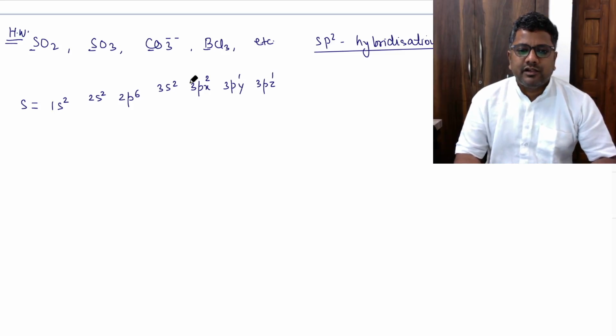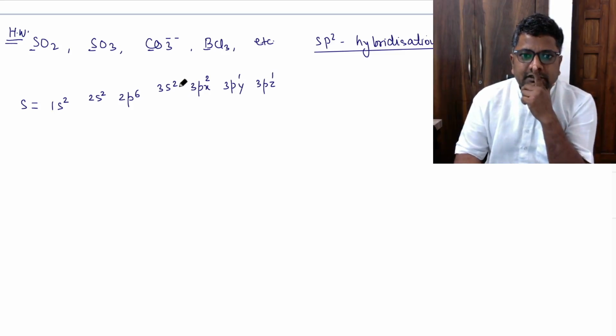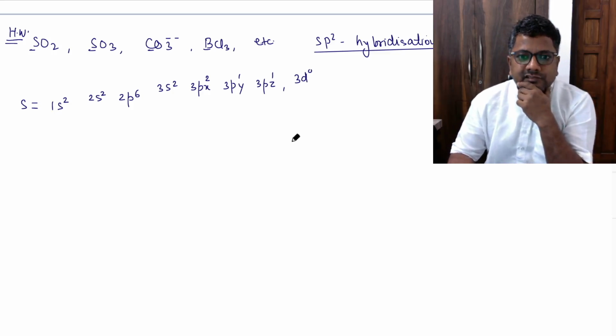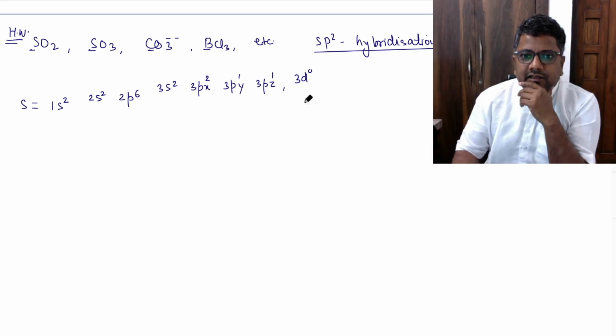So 6, 4, 10, 10, and 15, 16. Okay. And 3d0, 3d0. So this is the ground state electronic configuration.